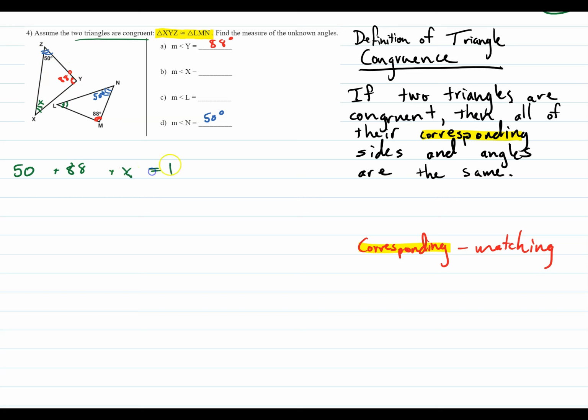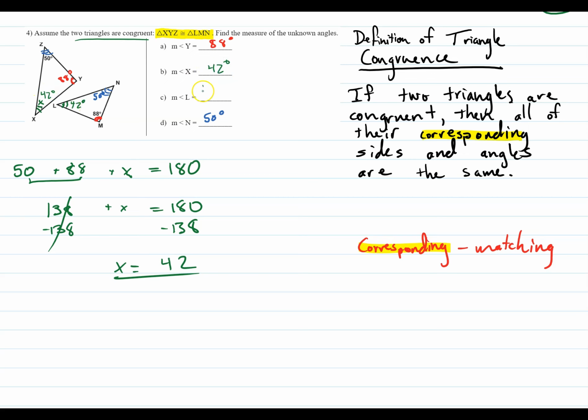Those 3 angles must add to 180. Solving for x, 50 plus 88 is 138, plus x equals 180, and then subtract 138 from both sides. x equals 42. So angle X is 42. That also means angle L is 42 because they are corresponding angles.